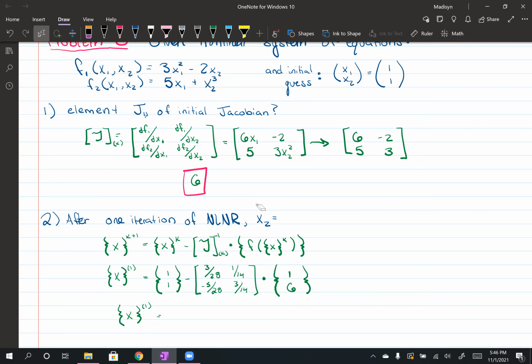And I recommend having a calculator that can handle vectors and matrices because that's always way easier to deal with.